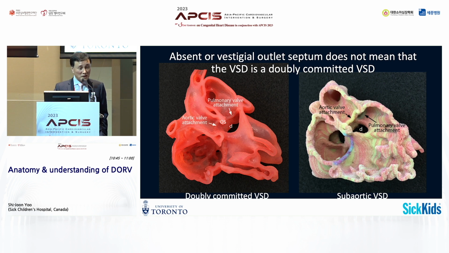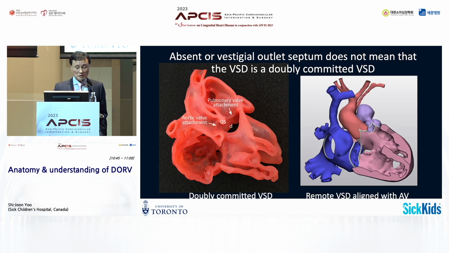The VSD is subaortic, okay? So here, the more convincing one is this. Absolutely, you don't have outlet septum, aortic valve and pulmonary valve, and the VSD is remote, right? So absence of outlet septum, in echocardiography especially, does not really make a diagnosis that you are dealing with a doubly committed VSD.